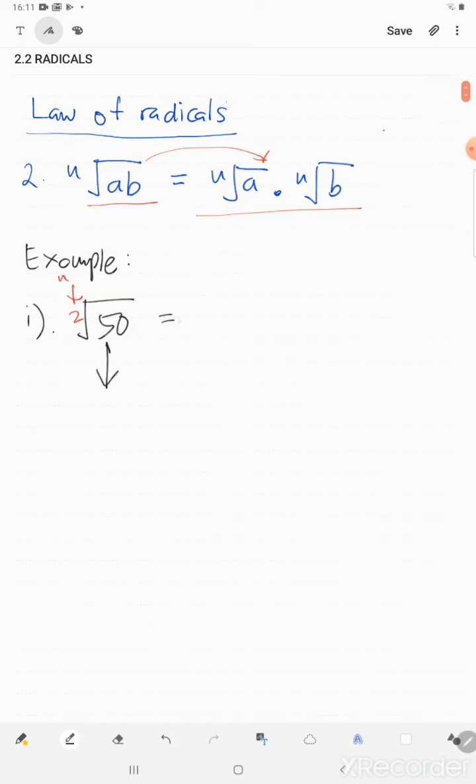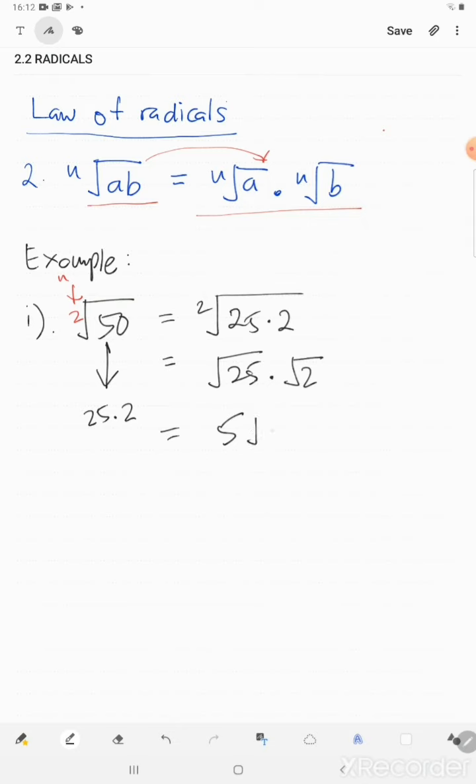For 50, it comes from 25 multiplied by 2, so we write them separately: square root of 25 multiplied by square root of 2. The square root of 25 is equal to 5, multiplied by square root of 2. This is the solution, where we apply the second law.